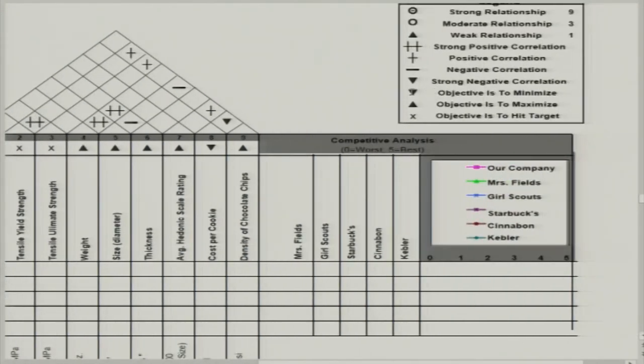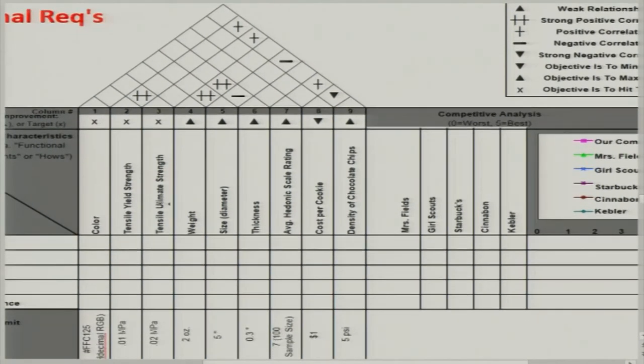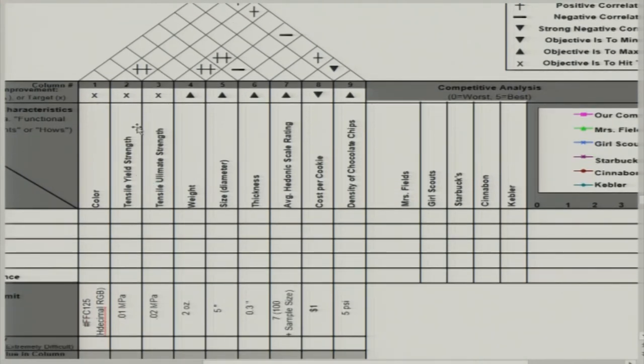Directions of improvement can be to minimize, to maximize, or to hit the target. So for ultimate tensile strength and yield strength, it is to hit the target. Weight has to be maximized, size has to be maximized, thickness has to be maximized, average hedonic scale rating has to be maximized, cost has to be minimized, density has to be maximized, and density of chocolate chips has to be maximized. So these are the target values.